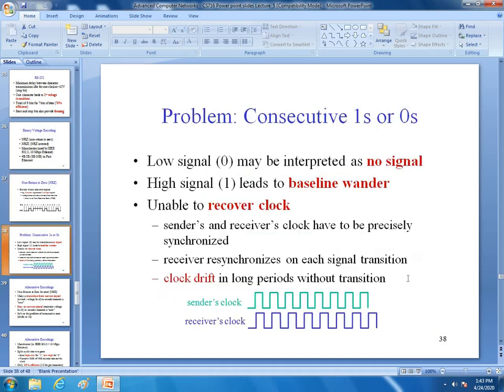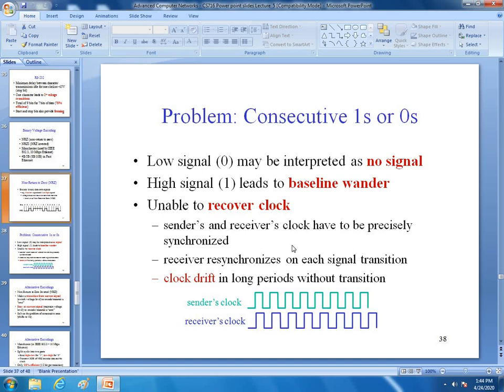Both may cause problems, in the form of no signal and baseline wander. Consecutive 0s, or low signals, may be interpreted as no signal, constantly at the low level. And due to consecutive 1s, another problem called baseline wander may occur. Baseline wander is basically when, at the receiver end, the distinguishing threshold goes down or goes up, which may also create problems while transmitting signals.